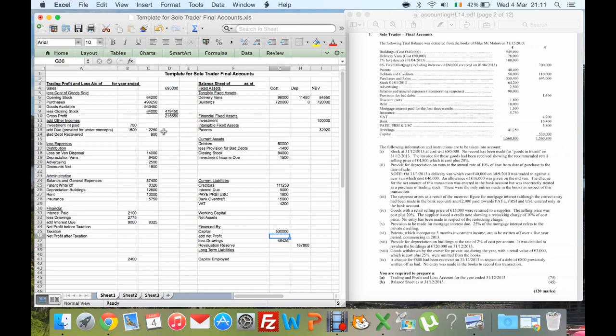So we have our other incomes. So we'll add that on to our gross profit. And then we're going to take away from that all of our expenses. So we'll add all of our expenses together.